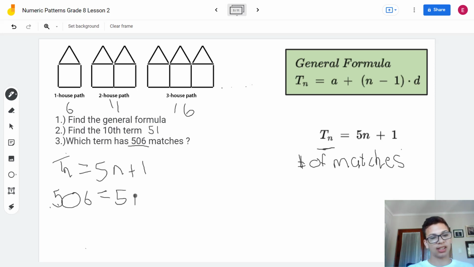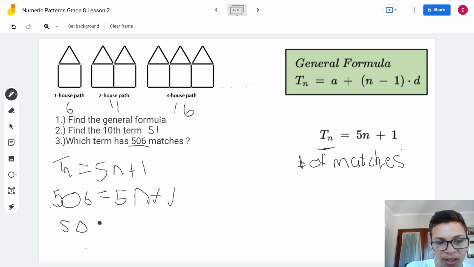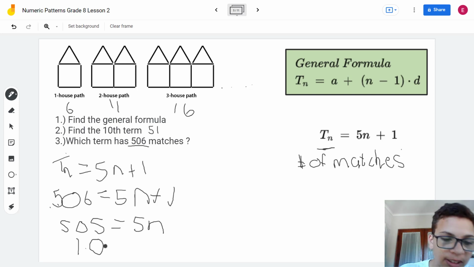This is like an algebra equation. How do we solve for n? Well, plus 1, take it to the other side, so you get 505 equals 5n. And now you just divide by 5 both sides, so you get 101 equals n. As you can see here, that's our answer. n equals 101. So the 101st term.